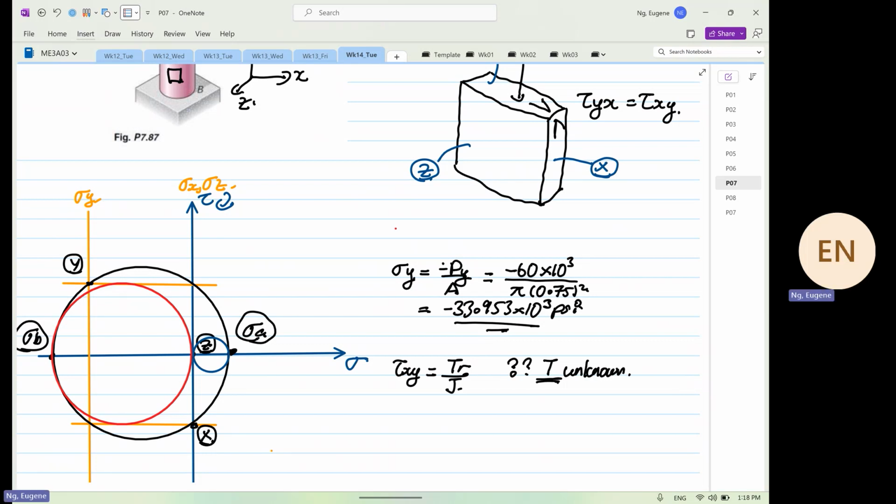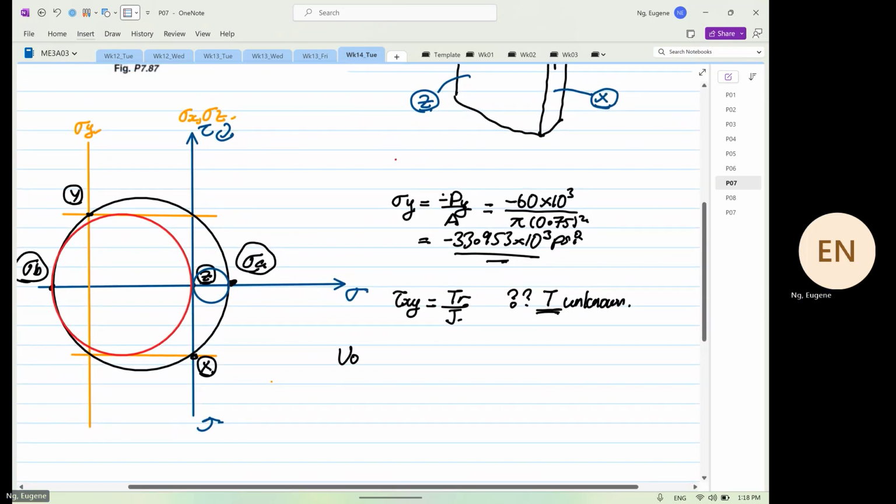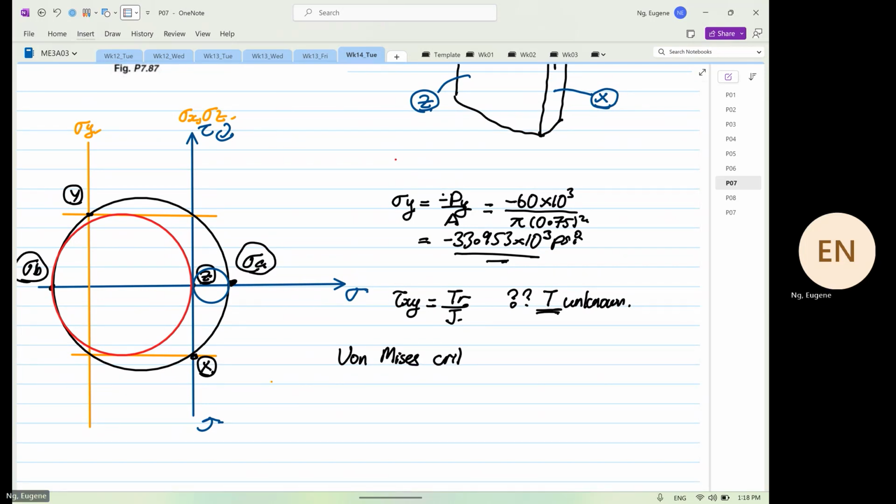So that's where we have to apply Tresca or von Mises criteria. From here, we know that stress A and stress B will be equal to the average stress plus or minus the radius of the circle, where R is the radius of the circle.